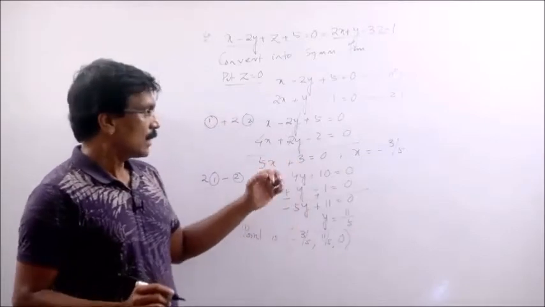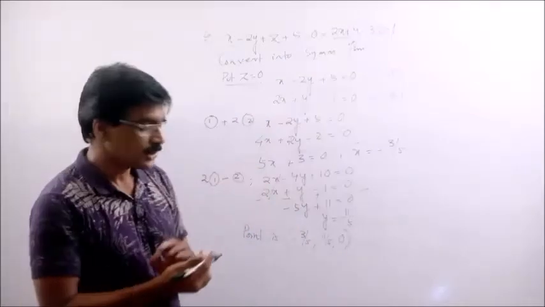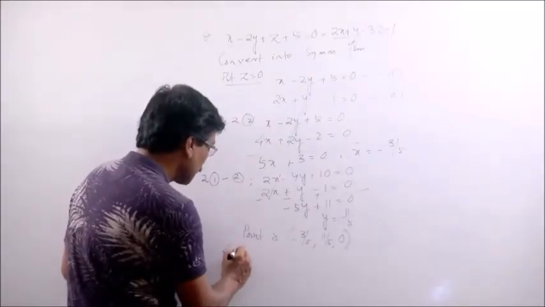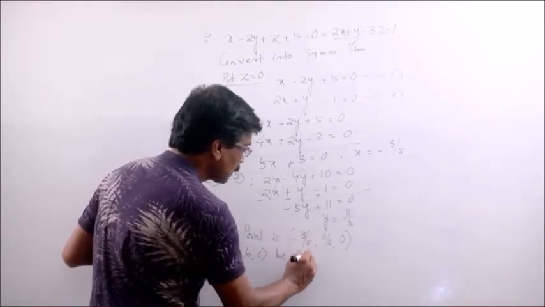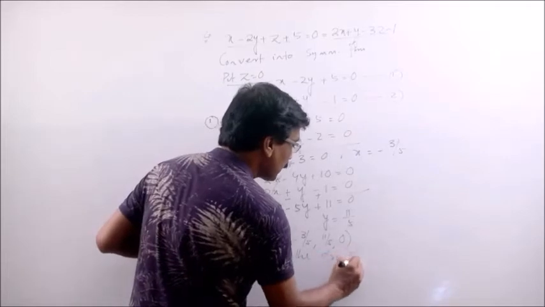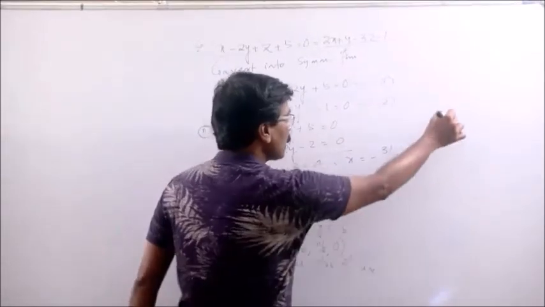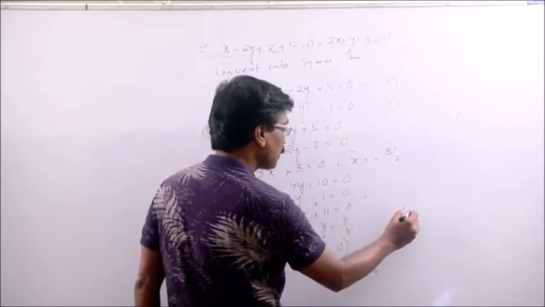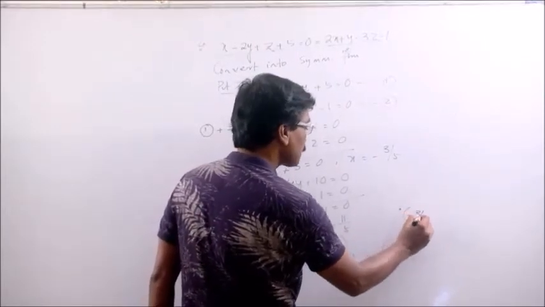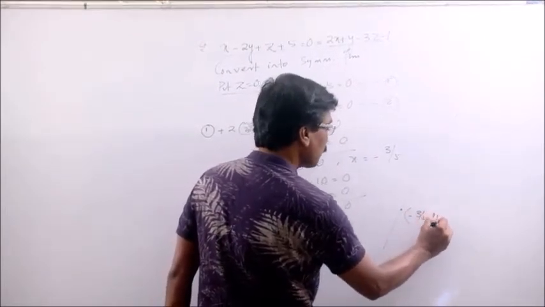Next, to find the direction ratios, suppose a, b, c are the direction ratios of the line, and the fixed point we have is minus 3 by 5, 11 by 5, 0.